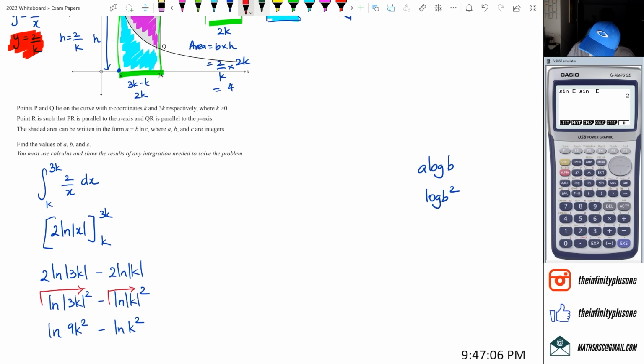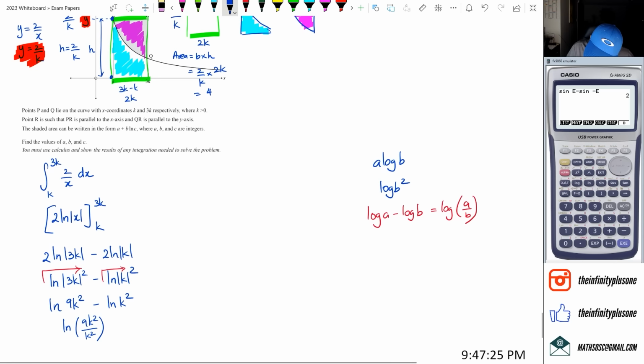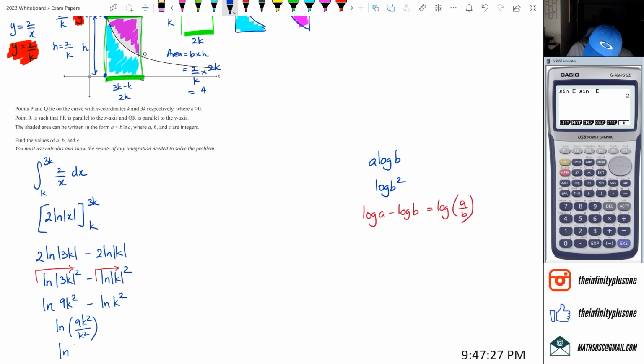The next log rule that you need to remember is log a minus log b is equal to log of a divided by b. So with that in mind, I'm going to do ln of 9k squared divided by k squared, which equals ln of just 9.